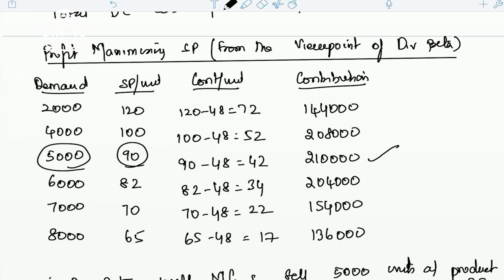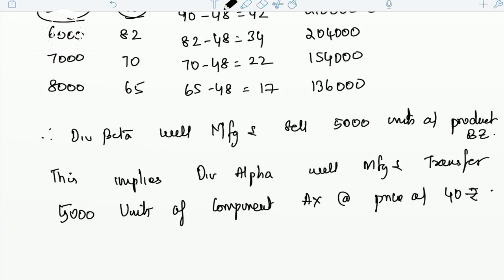I hope you're all done with this, beta. Your final part. Just in case you're not done with it, you can pause the screen.